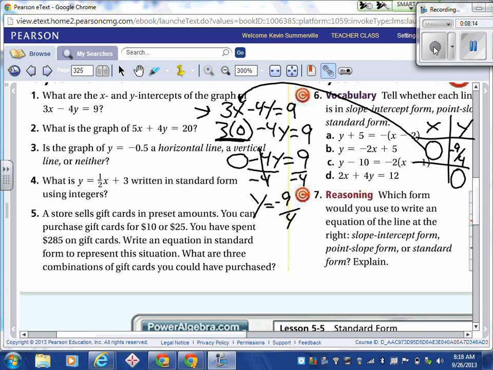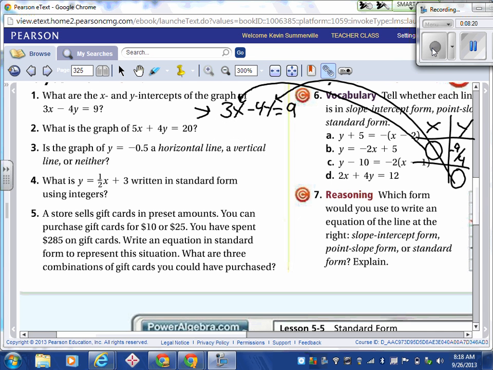And then my y-intercept, these two cancel. y equals negative 9 over 4, and that is my y-intercept. Now I'm going to put 0 in for the y, so I have 3x minus 4, parentheses 0 equals 9. I'll bring down the 3x. Negative 4 times 0 is just 0. I don't need to write the 0 down.